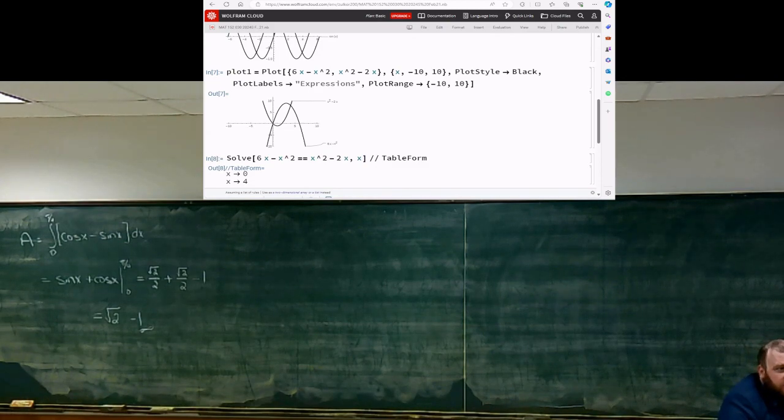Yes, 0 and 4. You don't want to just eyeball it from the graph, because it may not be exactly 4, in which case you're not going to get the exact area.